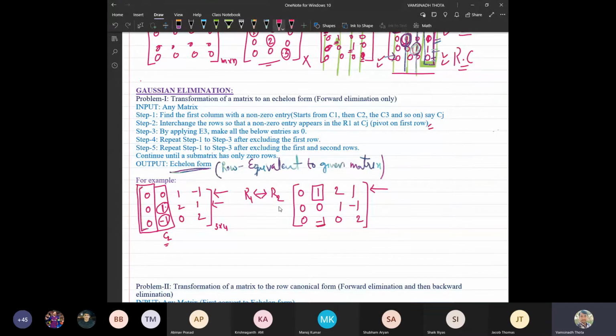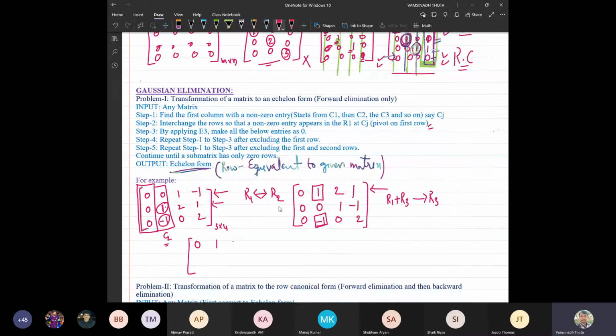Now this one we need to make 0 with the help of E3. E3 means multiplying a row and adding to the given row itself. So basically here, R1 plus R3 replaces R3. So what matrix will you get here?